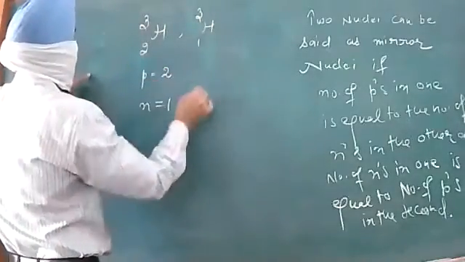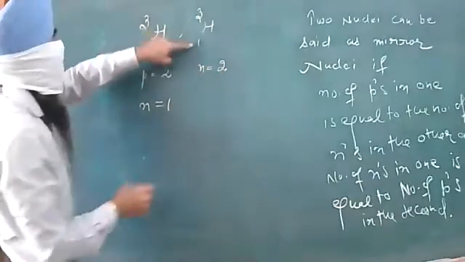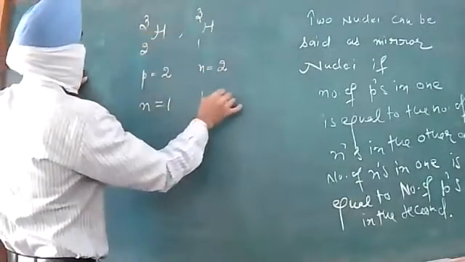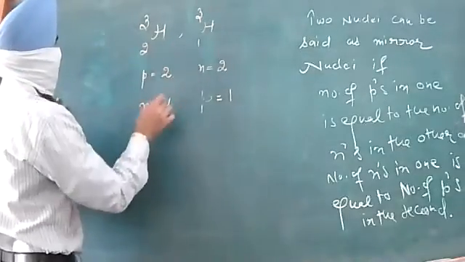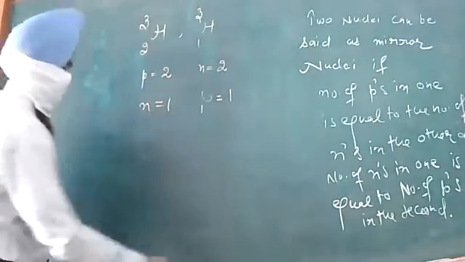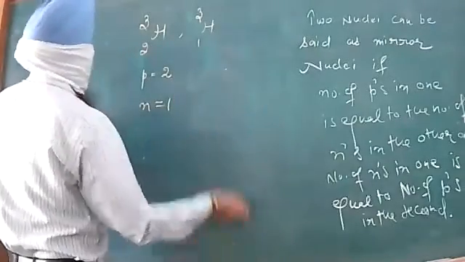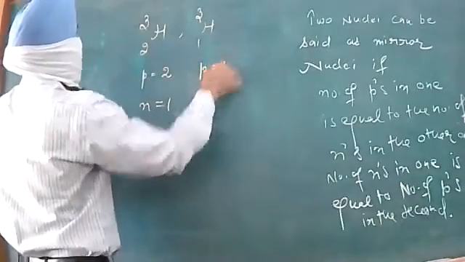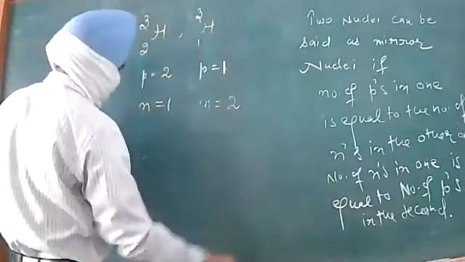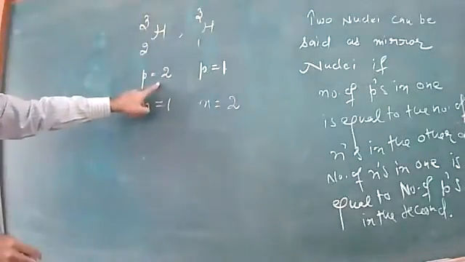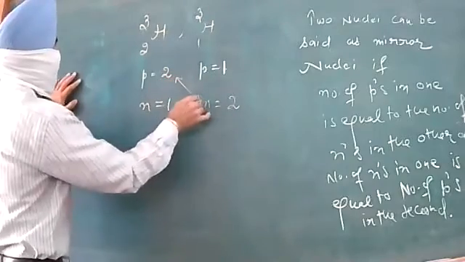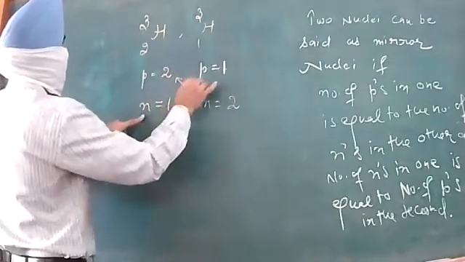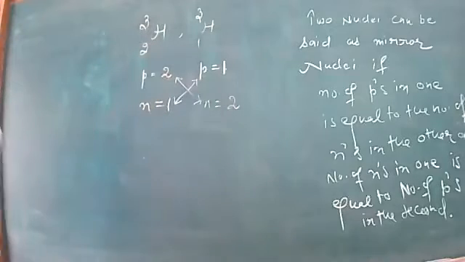Here, neutrons are 3 minus 1, equal to 2, and protons are obviously equal to 1. So the number of protons in the first is equal to the number of neutrons in the second, and the number of neutrons in the first is equal to the number of protons in the second. That is why it is mirror nuclei.